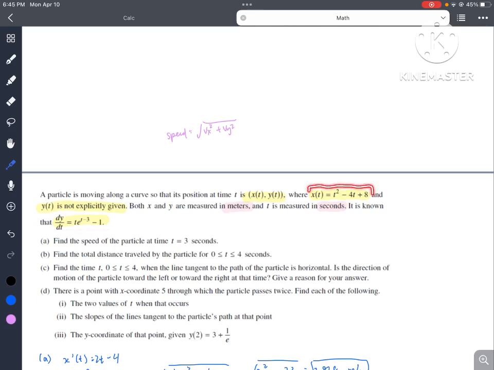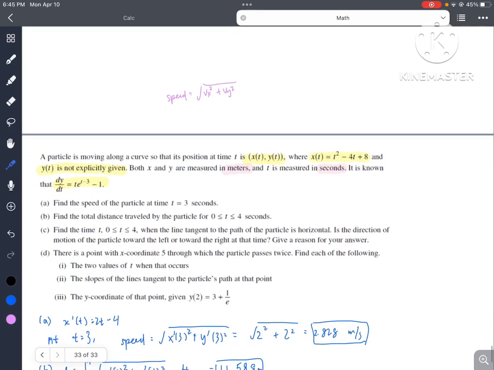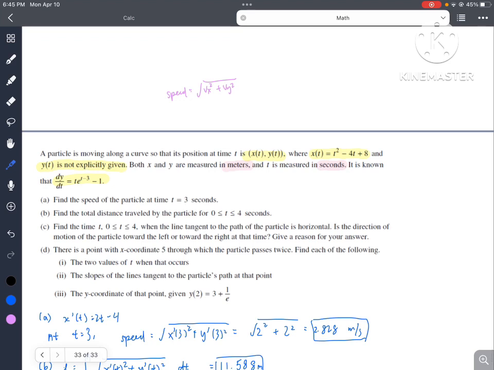But we don't have vx, we only have x of t, so we just take the first derivative. So this is how we took the first derivative of x of t, and then we just plug in the numbers, and then we find out this is the speed of the particle at time equals 3 seconds.